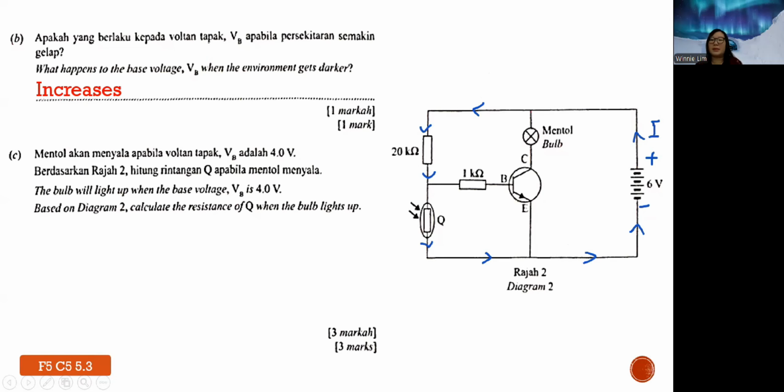So current is the same, but what is different is the resistance and the voltage across each. To make it easier to capture the idea, I'll denote this top resistor as 1 and this second one as 2, understand? Or you can put Q also, it doesn't matter.